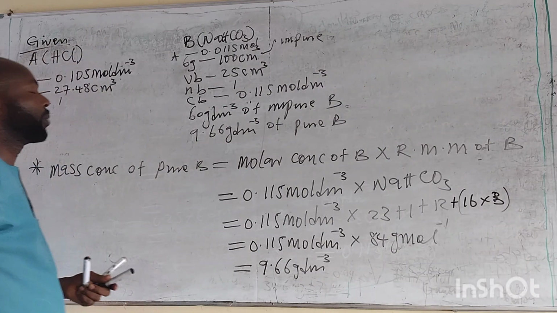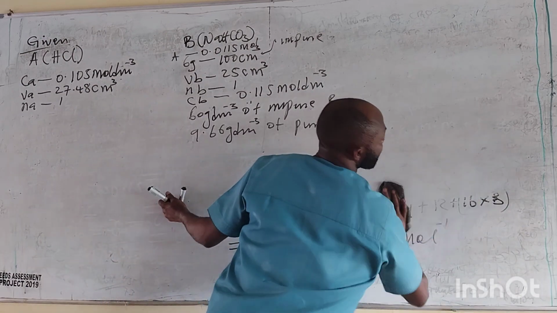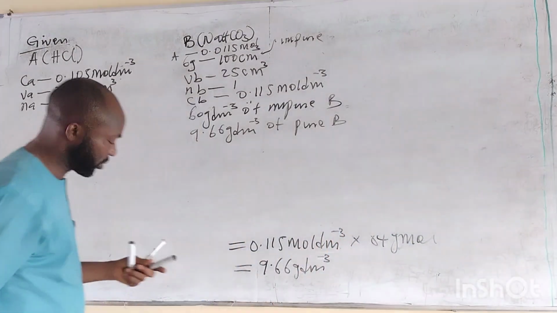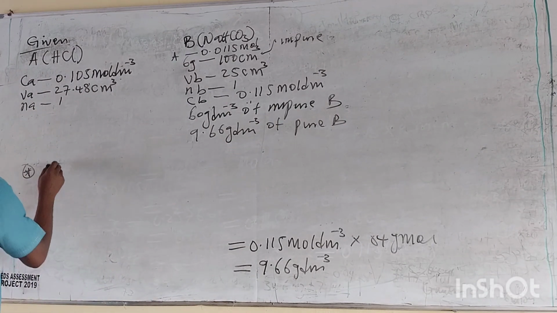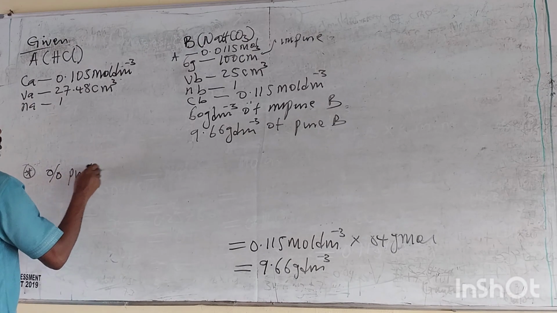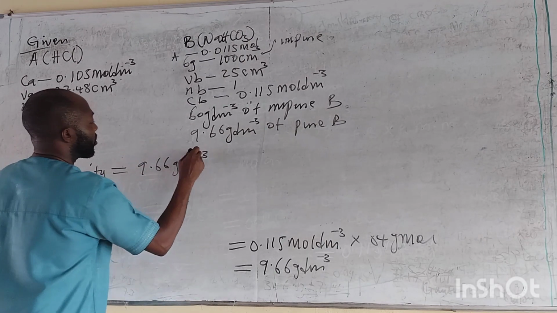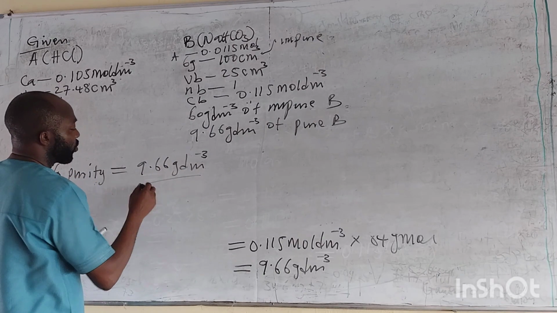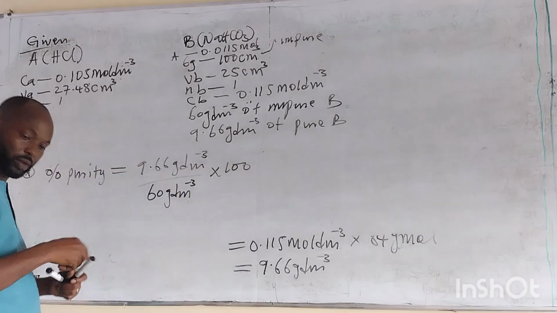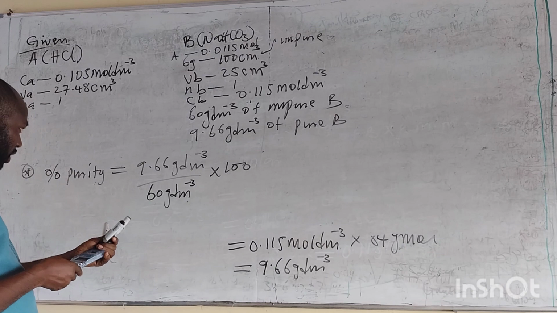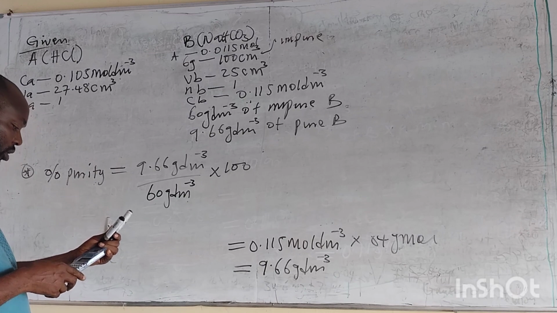So now let's proceed. Percentage purity. Now, the percentage purity is equal to mass concentration of pure, 9.66 g/dm³, over mass concentration of impure, which is 60 g/dm³, times 100. 9.66 divided by 60 times 100, 16.1.